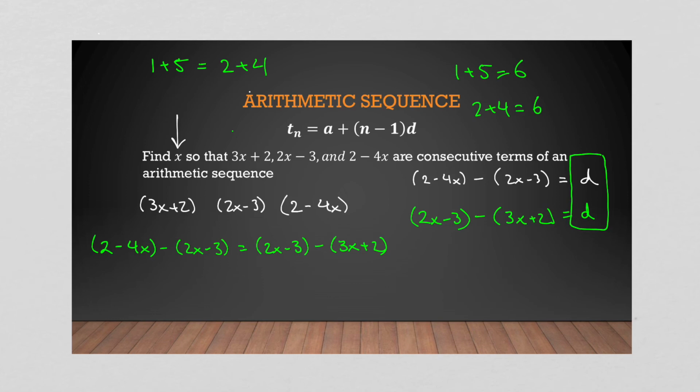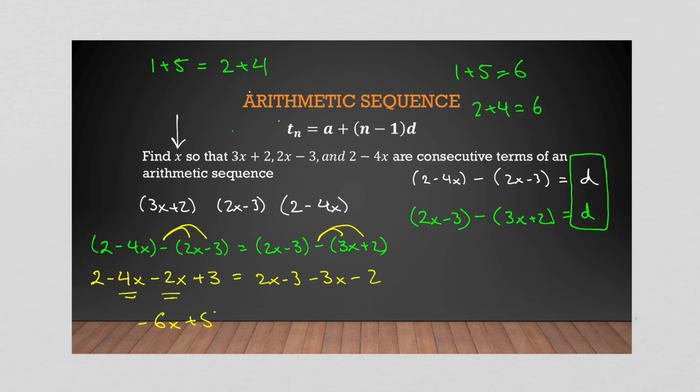So we are going to remember to distribute the negatives. Our equation becomes 2 minus 4x minus 2x plus 3, be careful there, equals 2x minus 3 minus 3x minus 2. We're going to group like terms together. So on this side, we get negative 6x plus 5. And on this side, we get negative x minus 5.